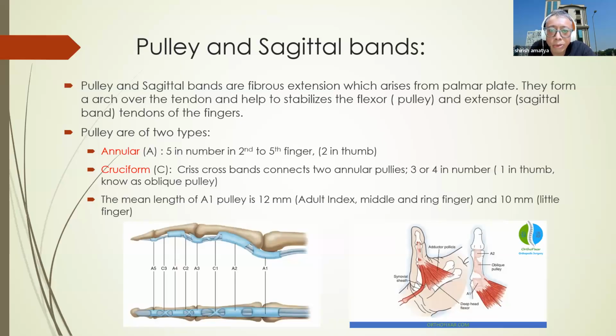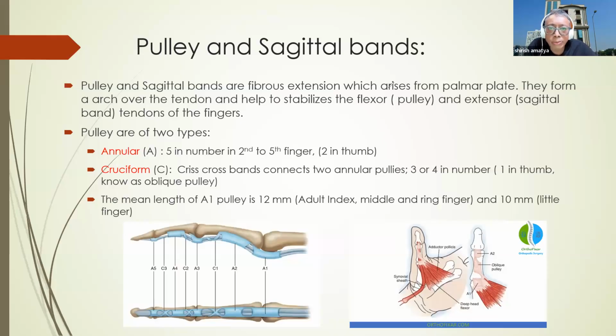From these ligaments, fibrous arches appear, which cover either the flexor tendon or the extensor tendon and help to stabilize it.